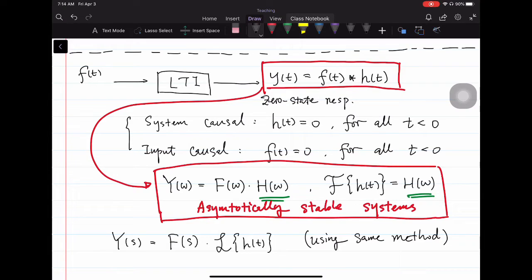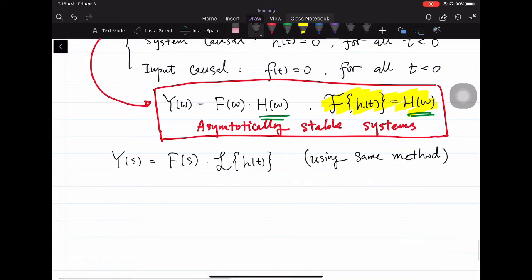Since in Fourier transform, we know the Fourier transform of h of t is the frequency response function, it is natural to guess whether the Laplace transform of h of t, the unit impulse response, is equal to the transfer function H of s.